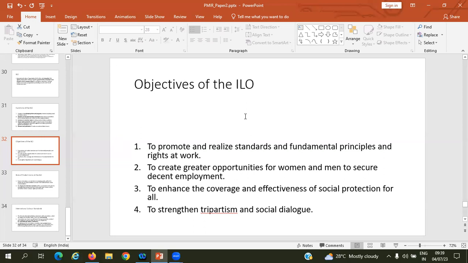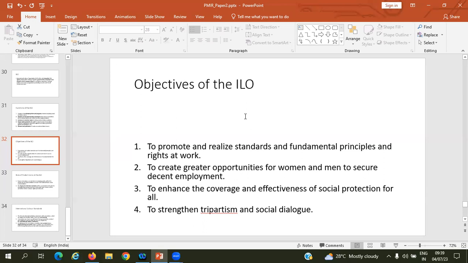To strengthen tripartism and social dialogue. ILO is also responsible to make sure everyone is in the same agreement: the employer, employee, and the government. To strengthen the relationship between the employer and employee, ILO has a major role to play.